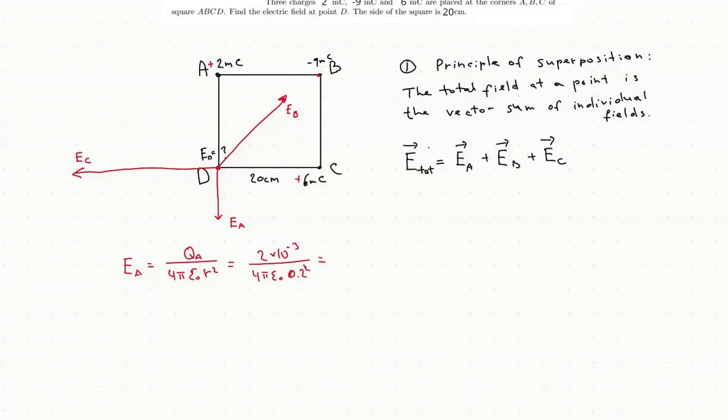So that's 0.002 divided by 4 pi epsilon naught multiplied by 0.2 squared.